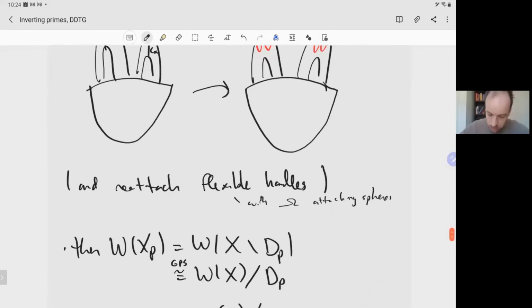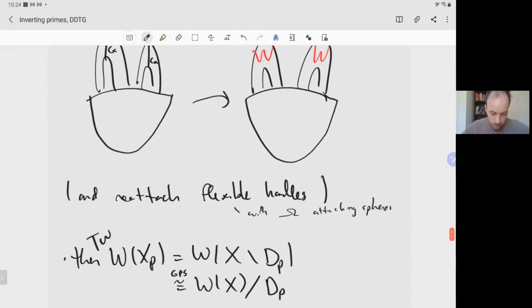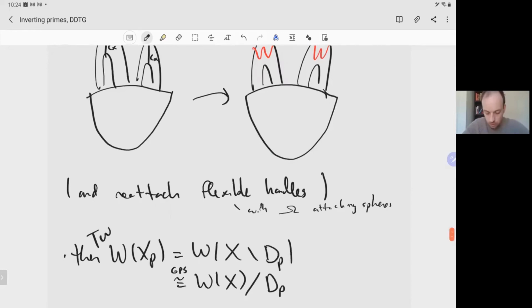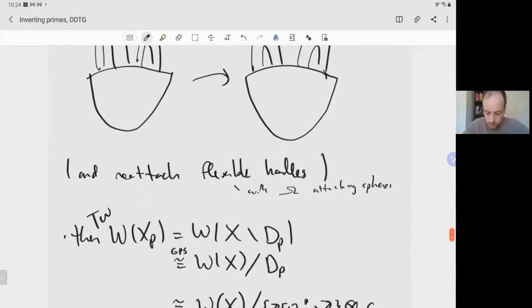Okay, so now let's see what happens to the wrapped category. The wrapped Fukaya category of this X_P is basically the wrapped Fukaya category of X where you remove this D_P disk. You attach some flexible handles, but they don't do anything to the Fukaya category. Then by this result of Ganatra, Pardon, and Shende, this is the same thing as this categorical quotient by this D_P disk.